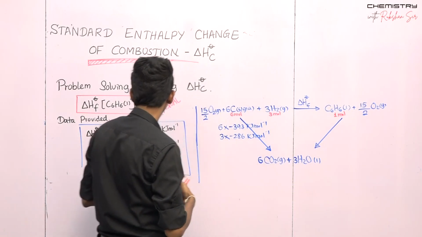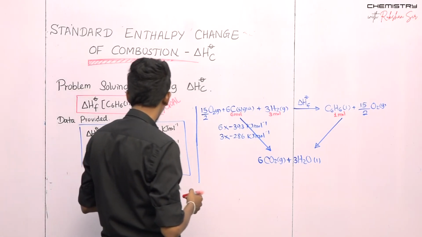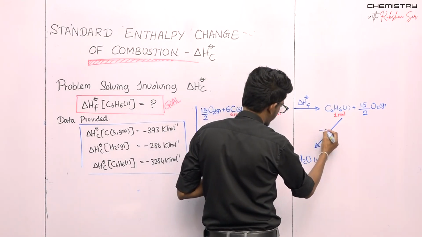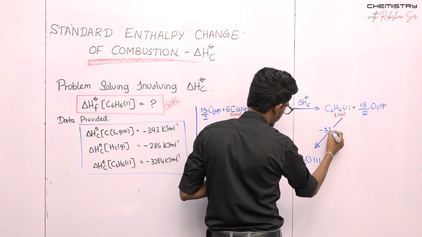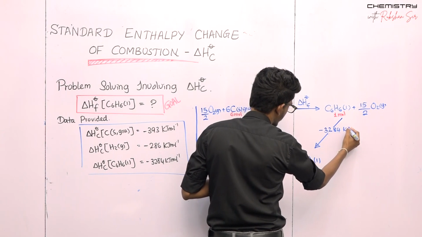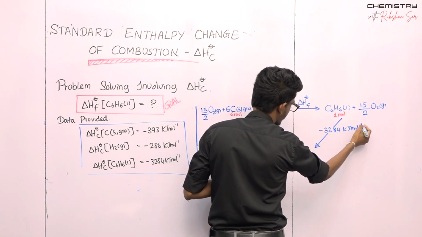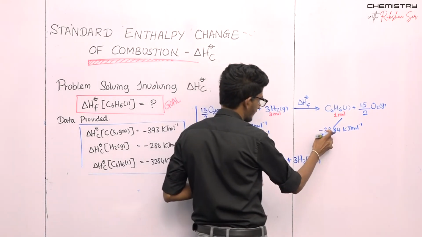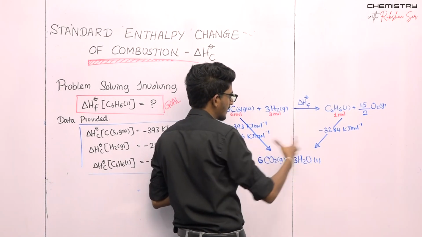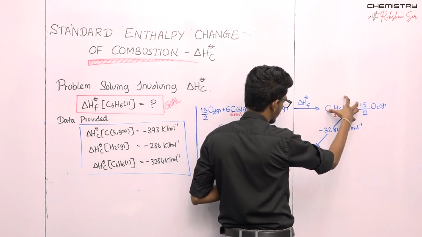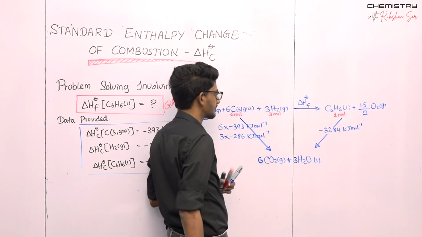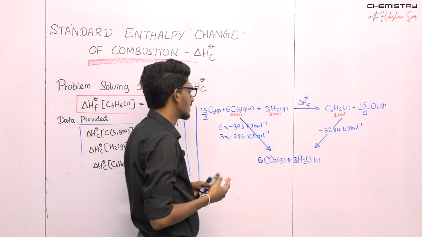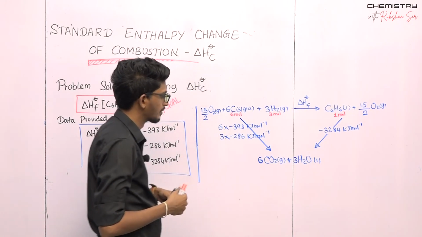That appears as the value minus 3284, to combust 1 mole of C6H6 to give the respective oxides. If you apply this energy change, this state of the system will totally convert to this, so our enthalpy cycle, the thermochemical cycle, is completed.